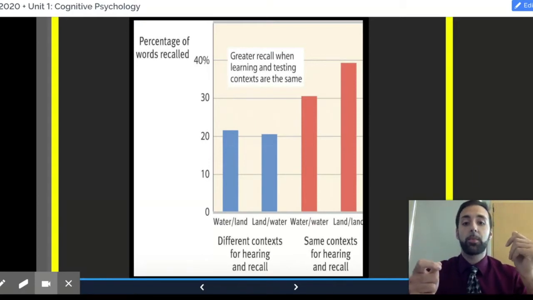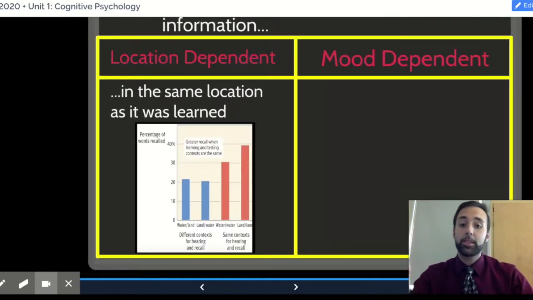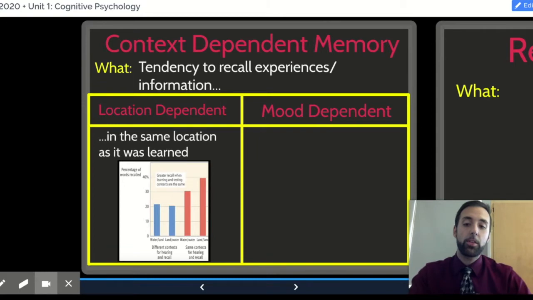And you would notice that both of the red columns have a higher percentage of words recalled on the memory task in this study. Even if you learned information underwater, if you were also tested underwater, you would actually score higher than either of the 2 blue categories. And then land would be the highest of all 4. This study suggests that the location that you learn information, if it matches the location where you were tested, it can greatly benefit your overall memory.